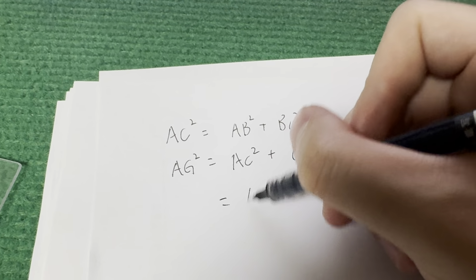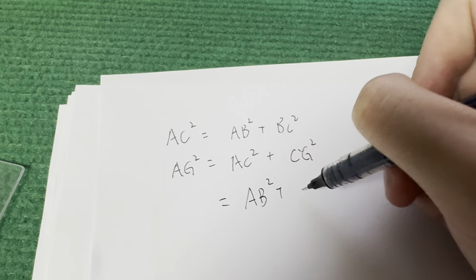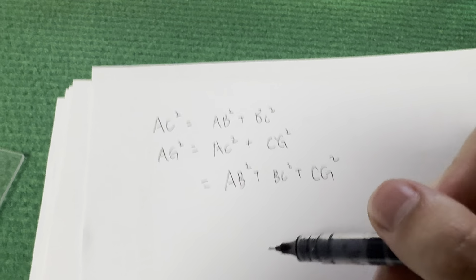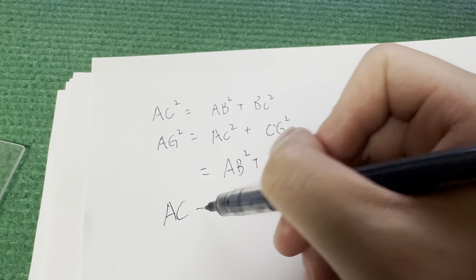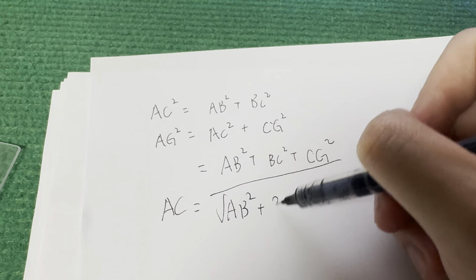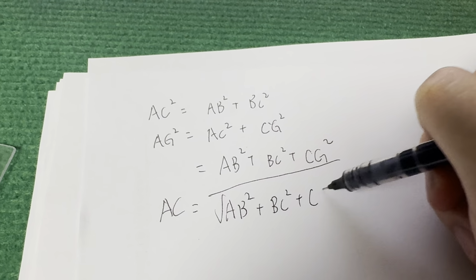Then AG square is equal to AB square plus BC square plus CG square.